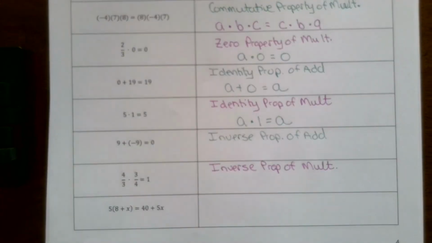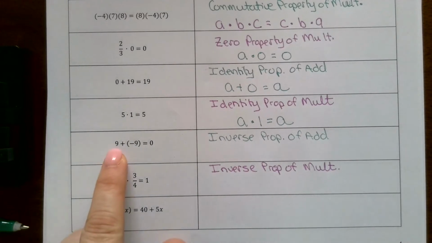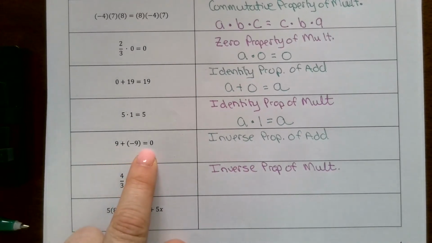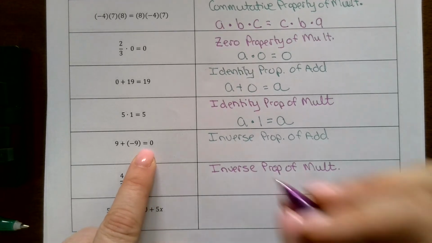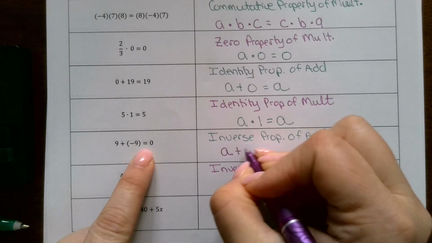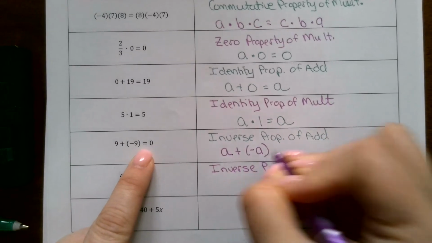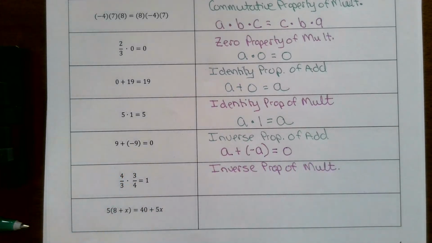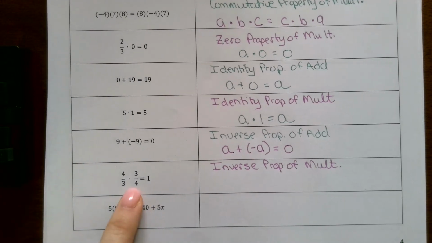What the inverse properties are doing is if I take a number and add its opposite, the result or the sum will always be 0. So if I have A and I add its opposite, negative A, the result or sum will be 0. With the inverse property of multiplication, if I multiply any number by its reciprocal, the product is 1.